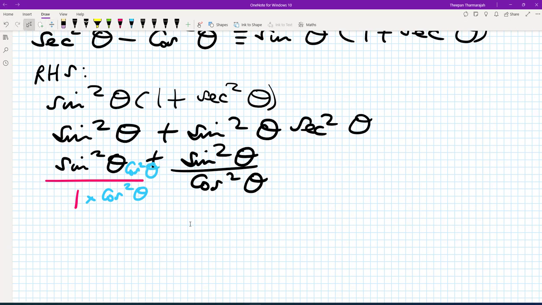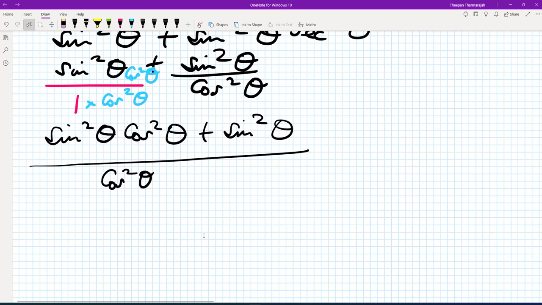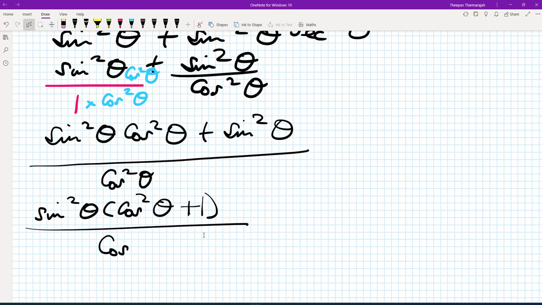So I end up with sine squared cos squared plus sine squared over cos squared. So I can factorize the sine squared out to give me cos squared plus 1 over cos squared.